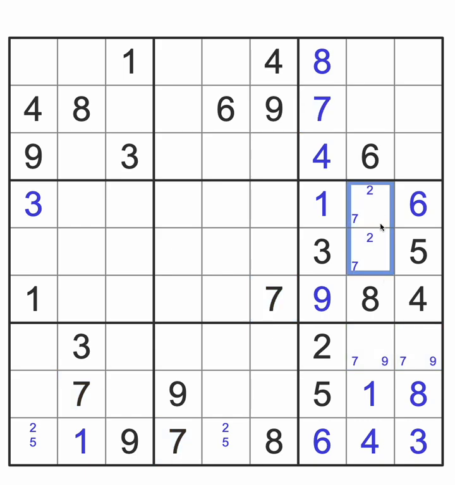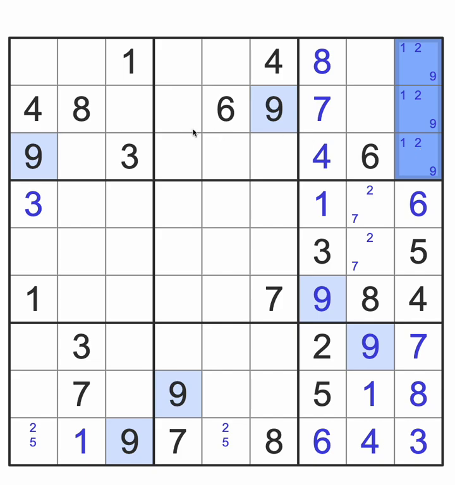And 2, 7 here means this cell cannot use 7 because 7 will be in one of these 2 cells. So this is 9 and this is 7. These are 1, 2, 9, but there are 2 9s already, so these cannot be 9. So 9 has to come here. And these will be 3 and 5.